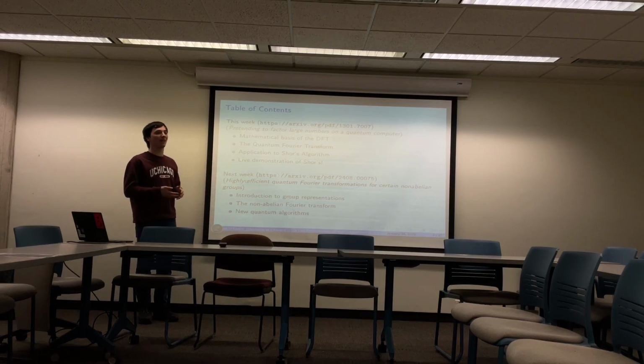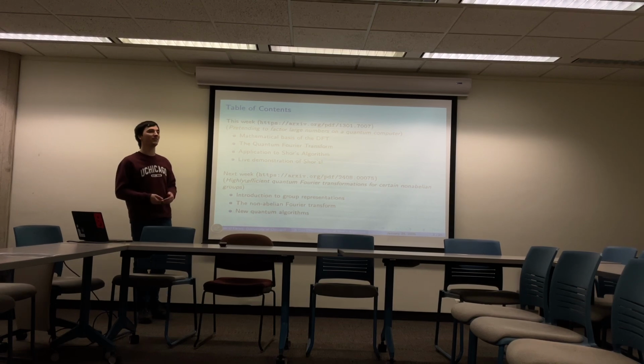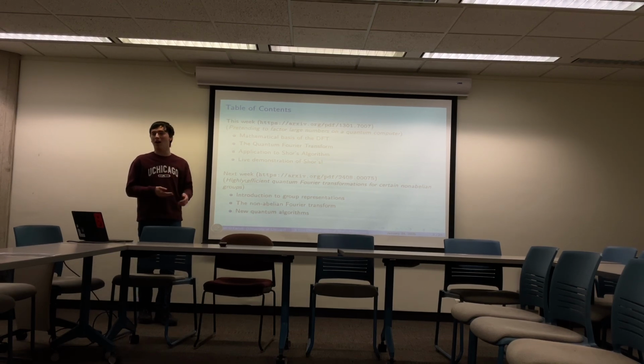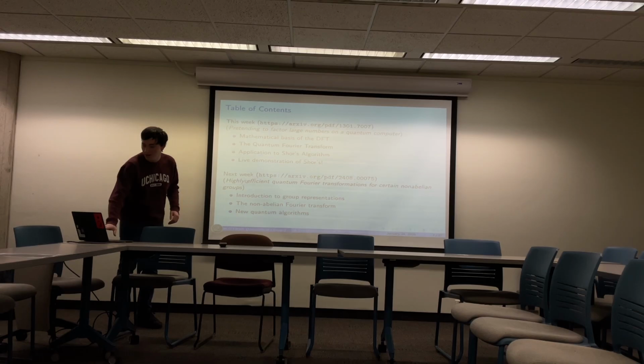So this week we're going to be talking mainly about the discrete Fourier transform and how it applies to Shor's algorithm. And then next week we'll be talking about the non-abelian Fourier transform and some modern algorithms for that. This week is going to be a paper from over 10 years ago at this point, but it's my favorite paper of all time, so I get to share it in Journal Club. And then next week we'll be seeing a paper that's a little more modern.